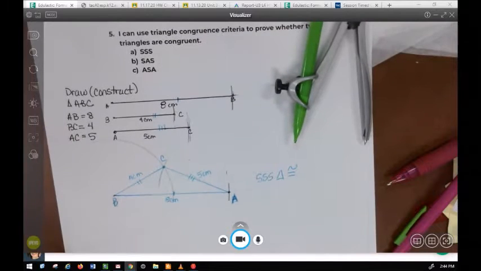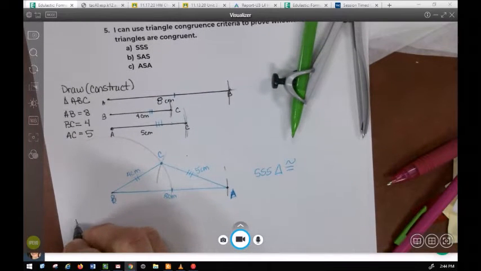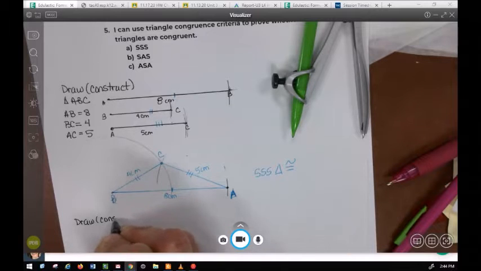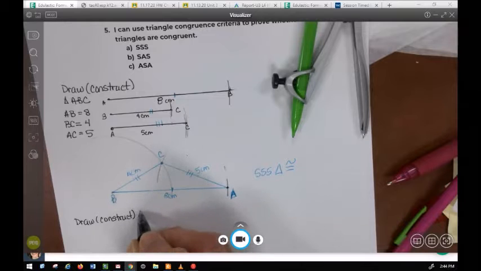Okay, the next triangle that we want to do, I want you to draw or construct triangle LMN.